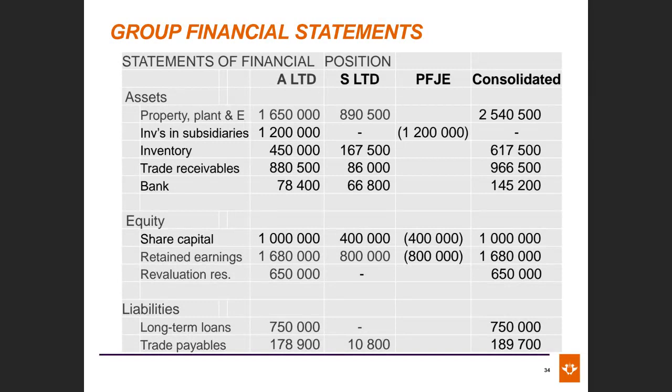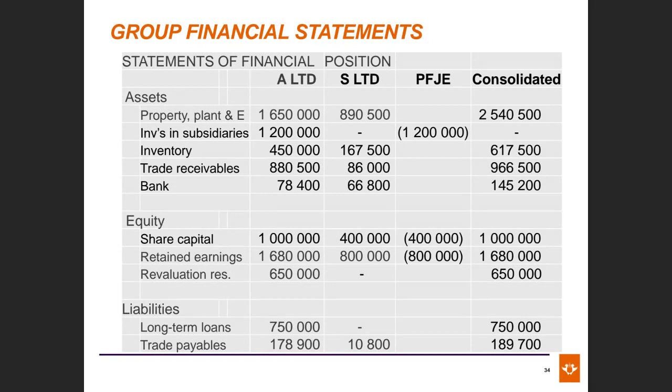So have a look also here. Inventory: A had 450,000, S had 167,500. If you add the inventory for both of those, that is going to give us 617,500. Then we have trade receivables of 880,500 plus S, 86,000 trade receivables.